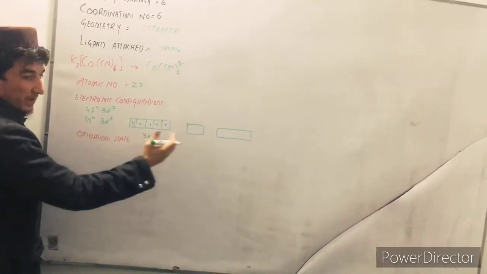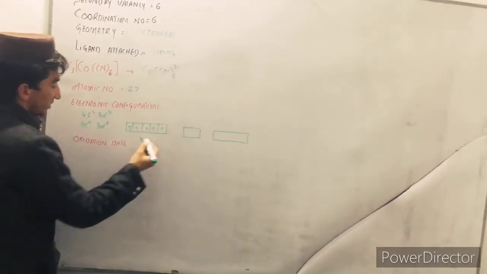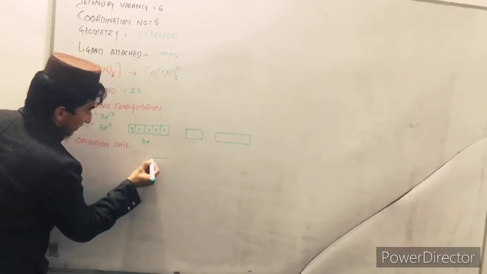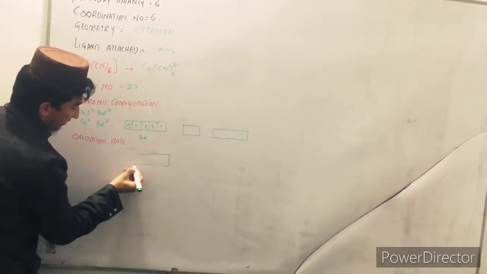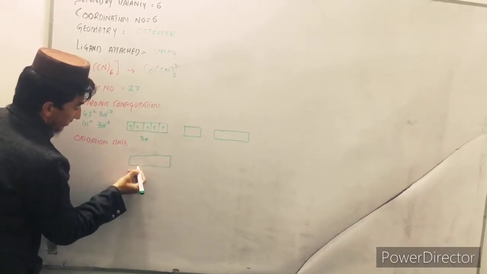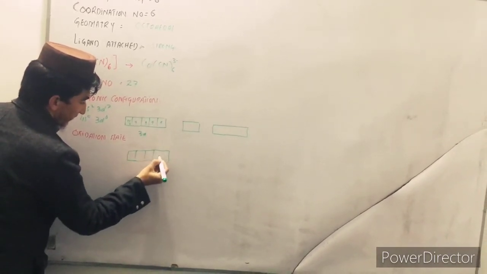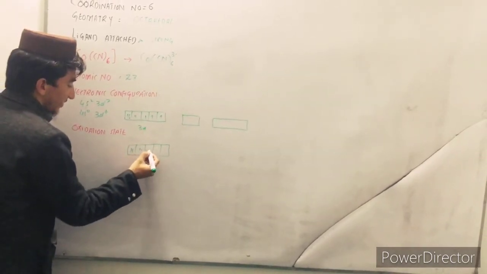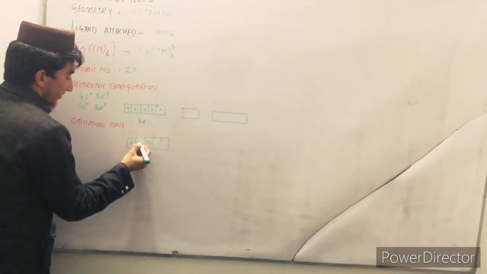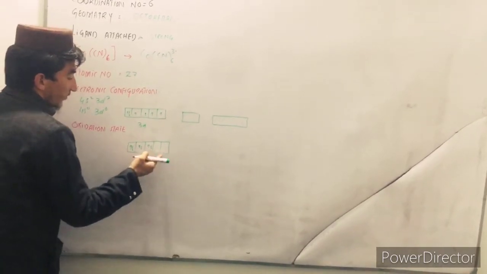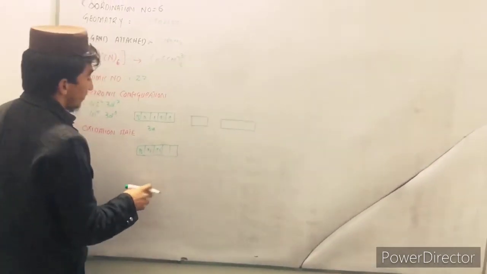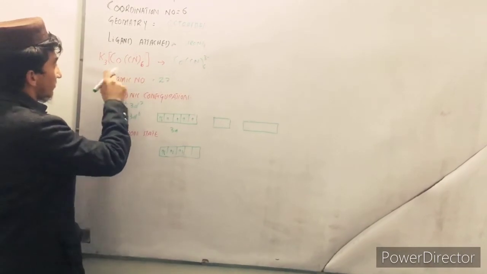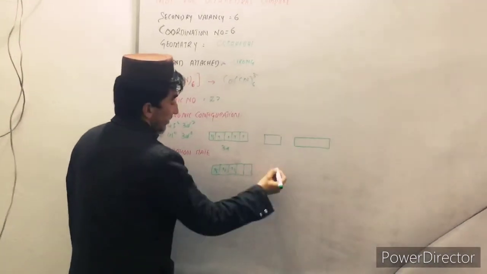This strong ligand will cause the pairing of these electrons, so the pairing will be in the form of this structure. Now this is the 3d, 5 orbitals: 3, 4, 5. Then the pairing occurs. It will give us 3 filled d orbitals, and the 2 will remain empty. So after this pairing, the cyano will donate its lone pair to these orbitals.